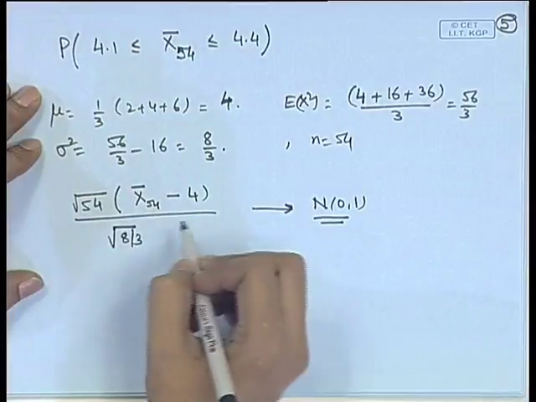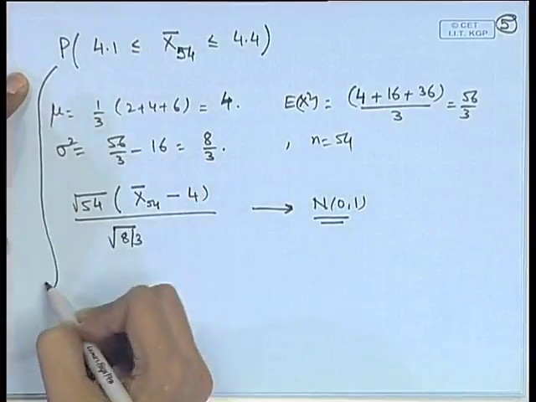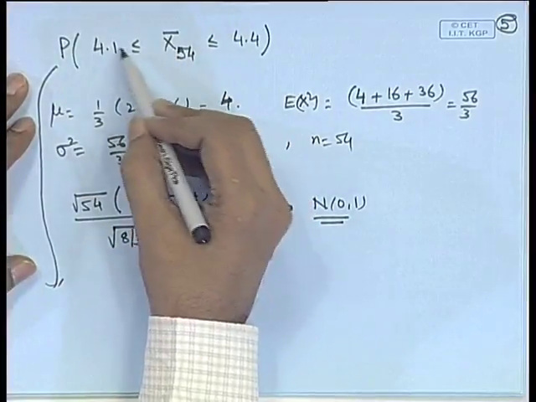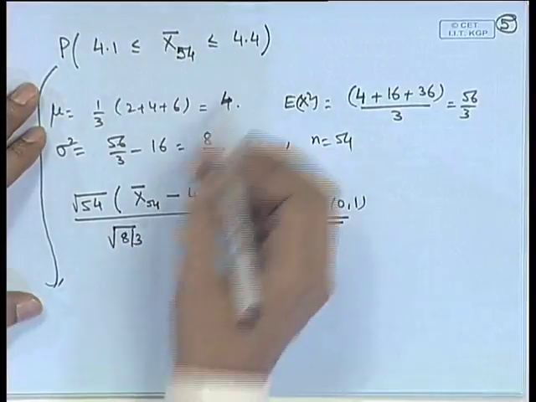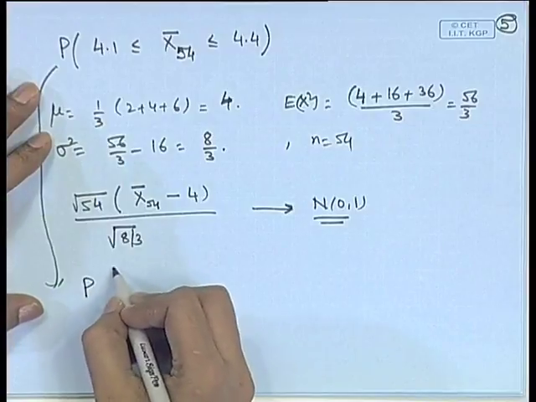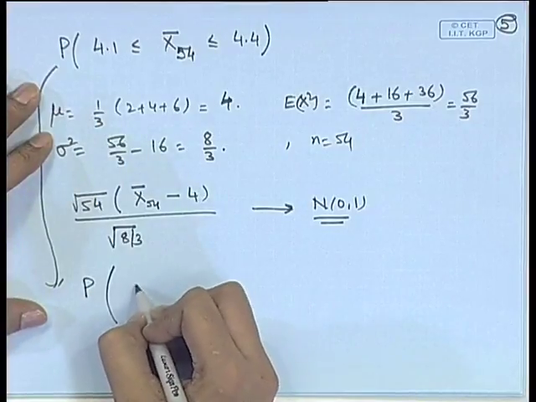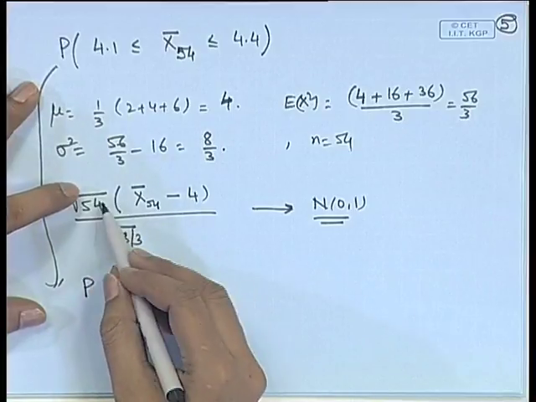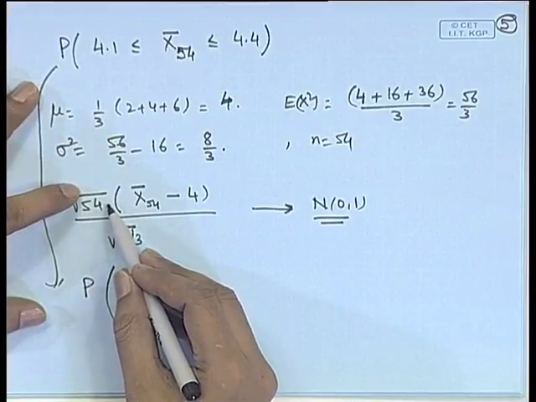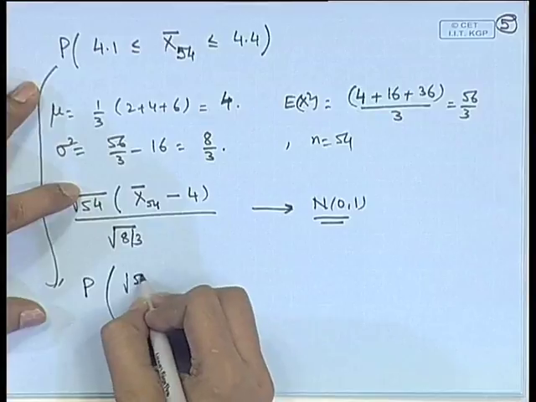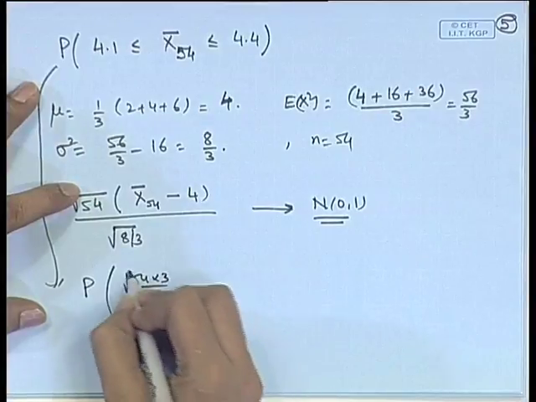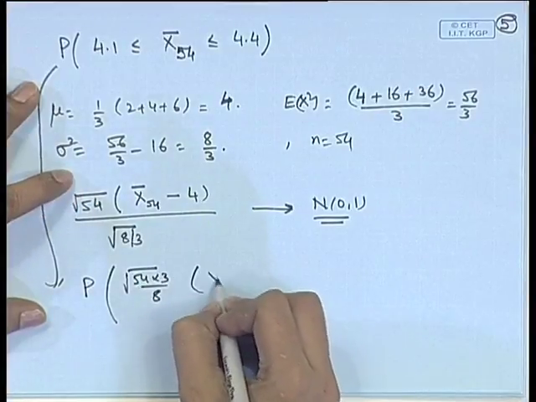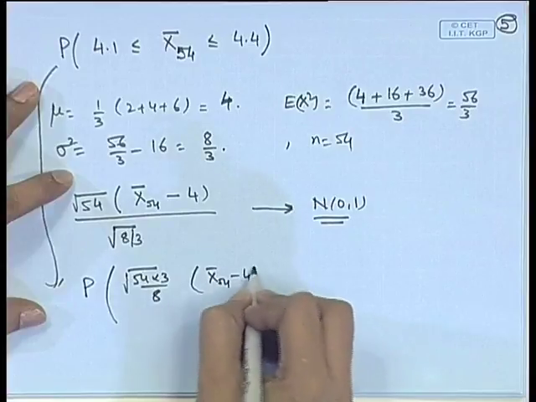So, if we use this property here, the probability of X 54 bar lying between 4.1 to 4.4 is approximately the same as, so root of, we may take it to the numerator. So, it becomes root of 54 into 3 by 8, times X 54 bar minus 4.